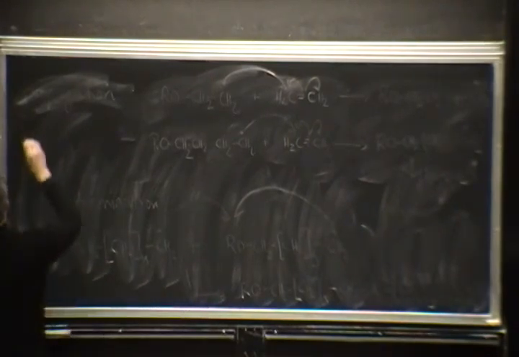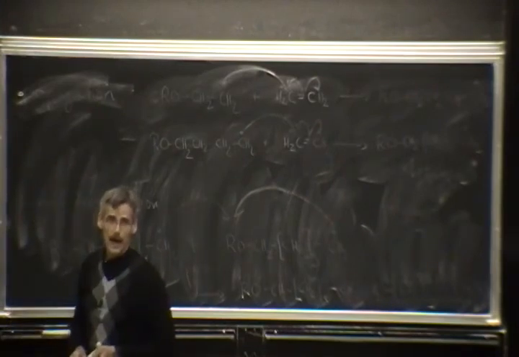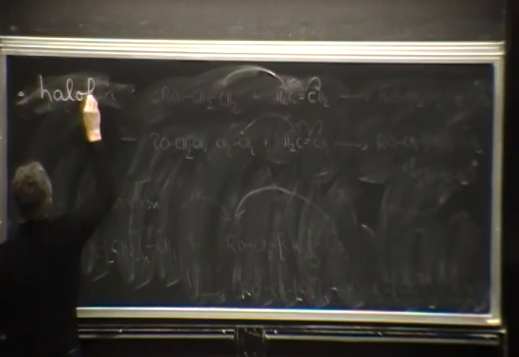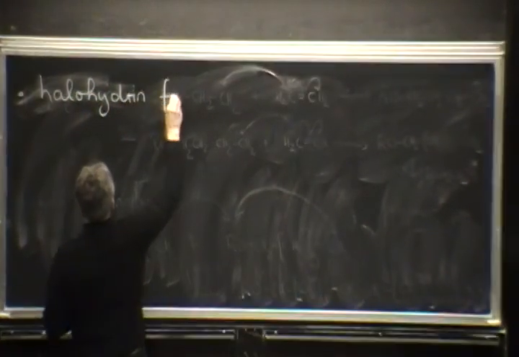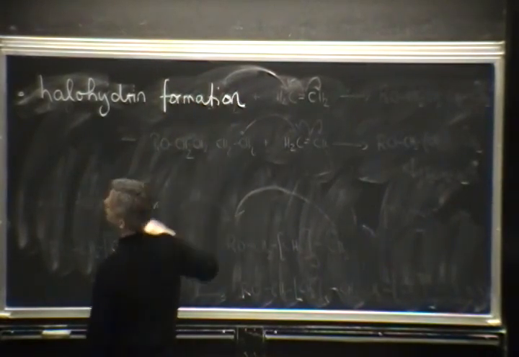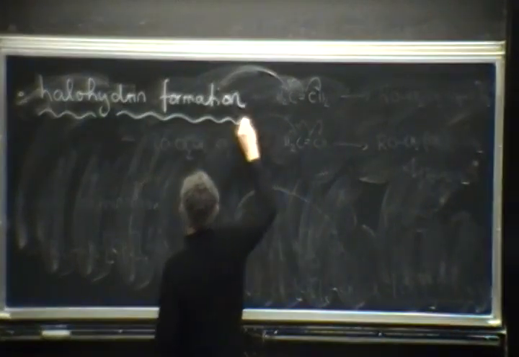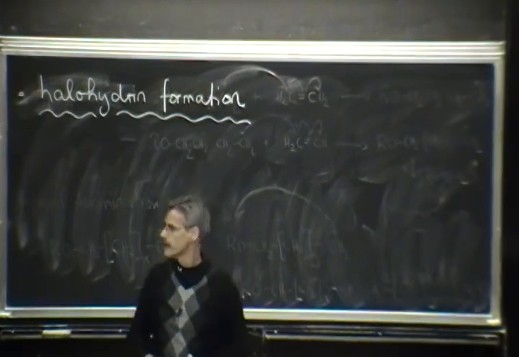In this time, I would like to go to a related process, and that's halohydrin formation. Another very closely related type of pathway: halohydrins. I'll show you what a halohydrin is.